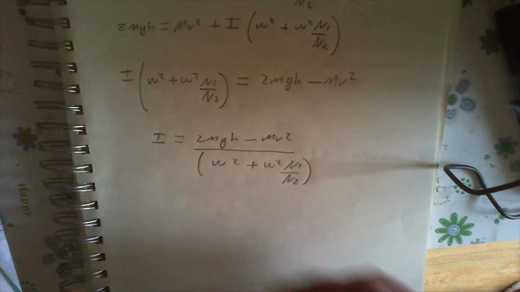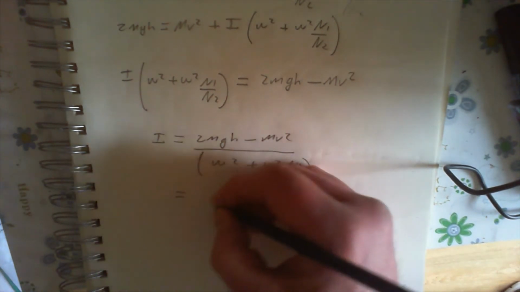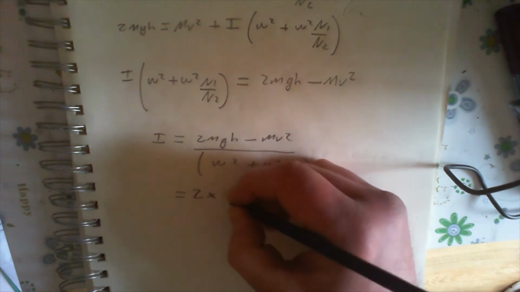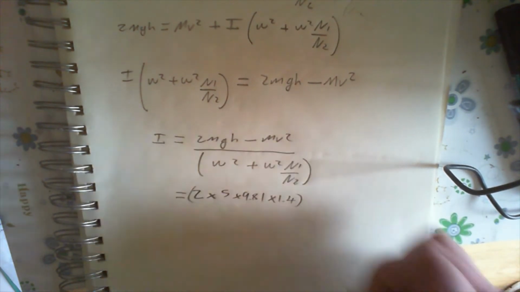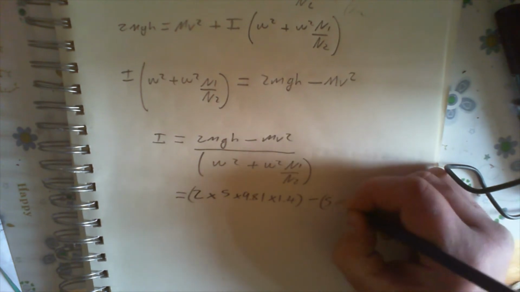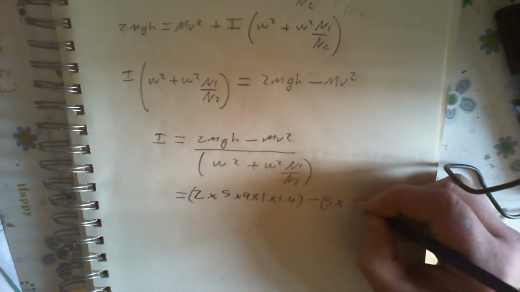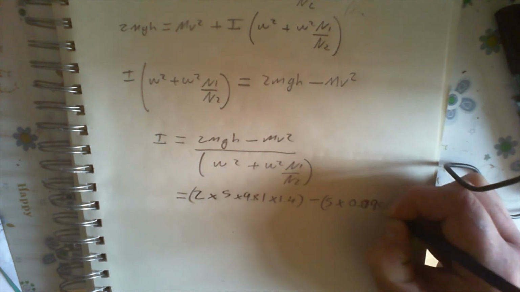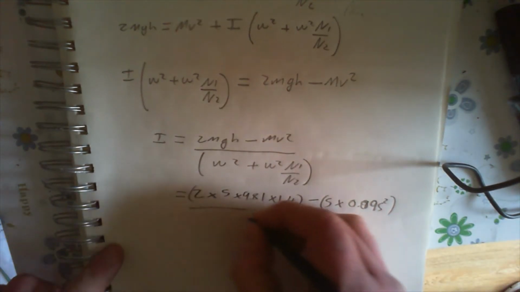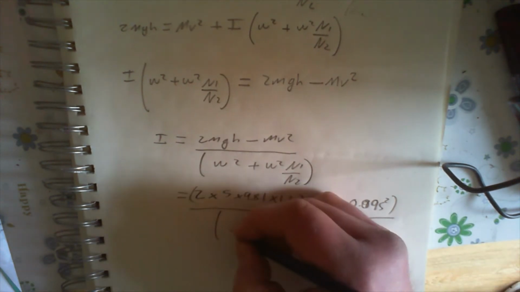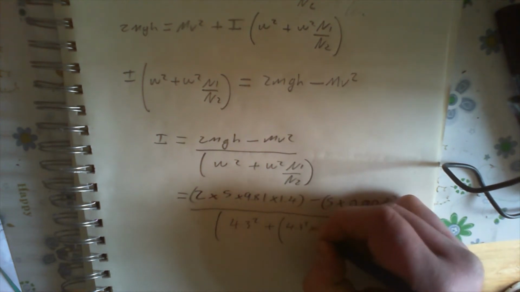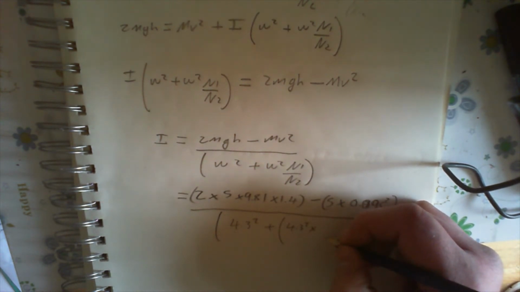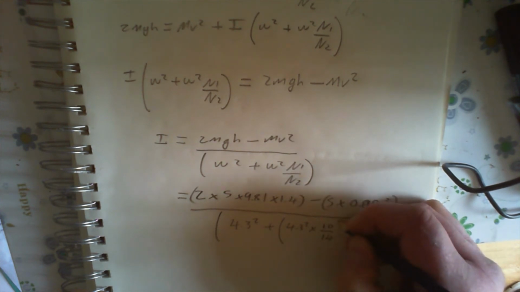So then we just need to plug the values in. So that's 2 times 5 times 9.81 times 1.4 for the height, minus 5 times 0.095 squared, all divided by omega squared, 4.3 squared plus 4.3 squared times 10 over 14.